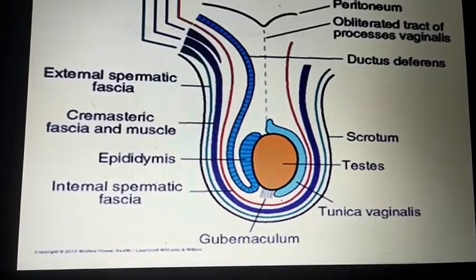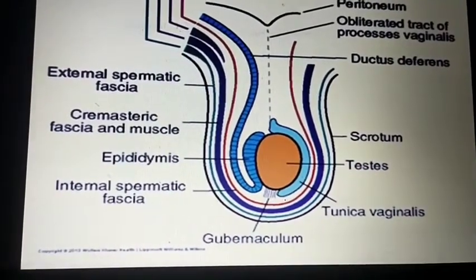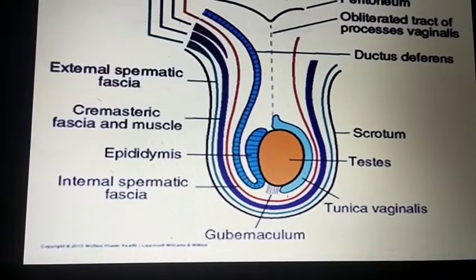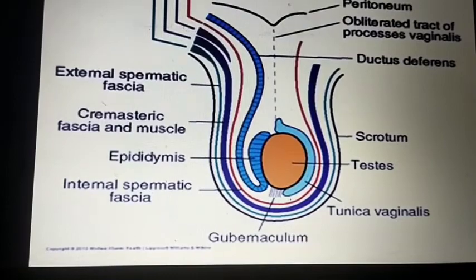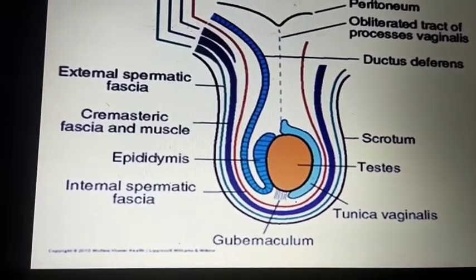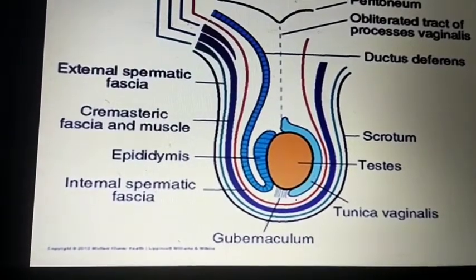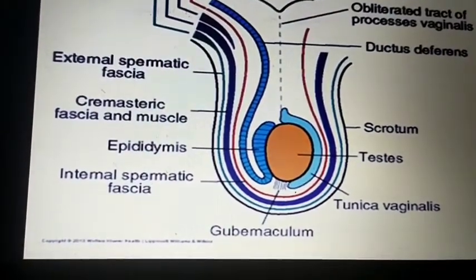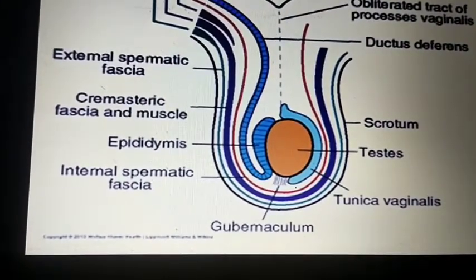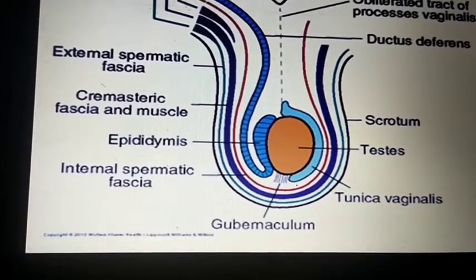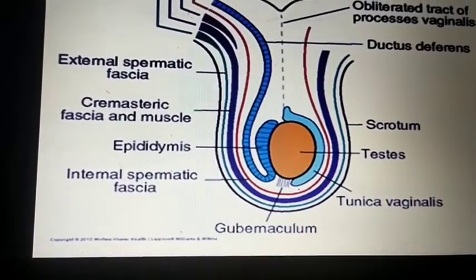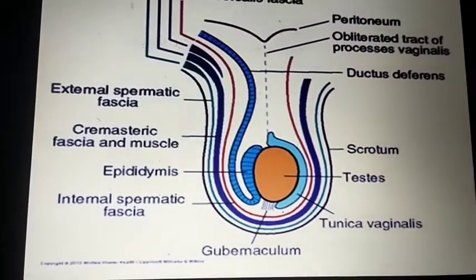The processus vaginalis is nothing but a continuation of the peritoneum. When the testis is an intra-abdominal organ, it is covered by the peritoneum, by the parietal and visceral layers both, and along with the peritoneum it comes to the scrotum. After some days it obliterates, and the processus vaginalis only converts into the tunica vaginalis, parietal and visceral.